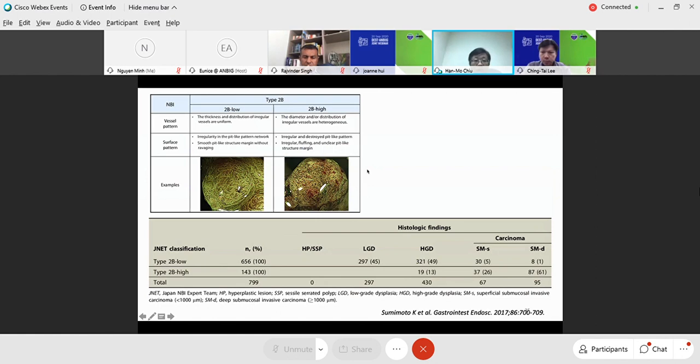So in Japan, they further subclassify 2B into 2B with low irregularity and high irregularity. So you can see that by this sub-classification, you can further distinguish those with superficial T1 cancer from those with deep invasion.